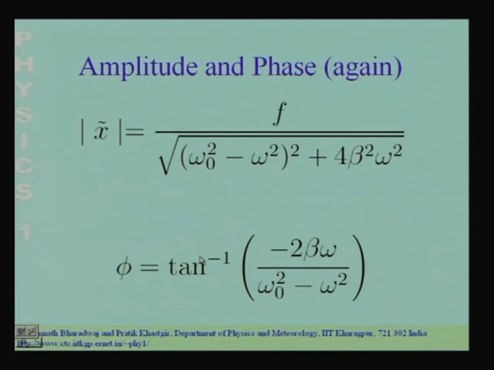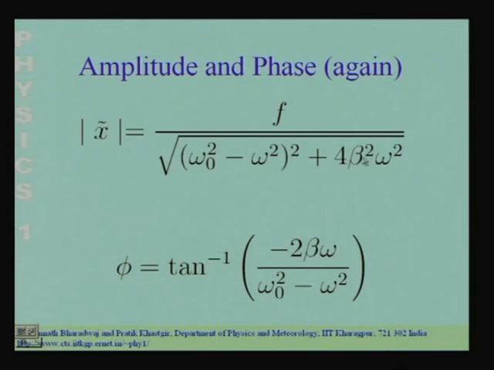Let us next look at the amplitude of the oscillations. So, this expression over here gives us the amplitude of the oscillations. I had told you in the last class, and we had also seen it, that in the absence of damping, if omega is equal to the natural frequency, the amplitude of the oscillation blows up. You have infinitely large oscillations.